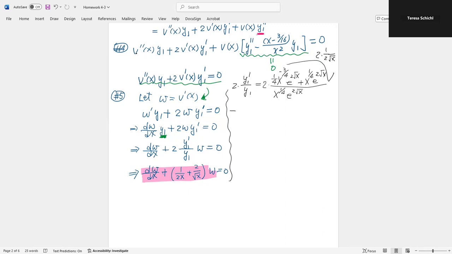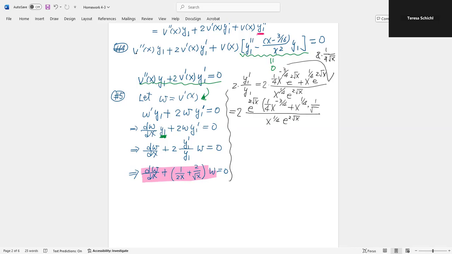So then this is x to the 1/4 e to the 2 square root of x, and factor the e to the 2 square root of x out. Then the first term you have 1/4 x to the negative 3/4, then the second term you have x to the 1/4. Then the 2 and the 2 cancel, right?